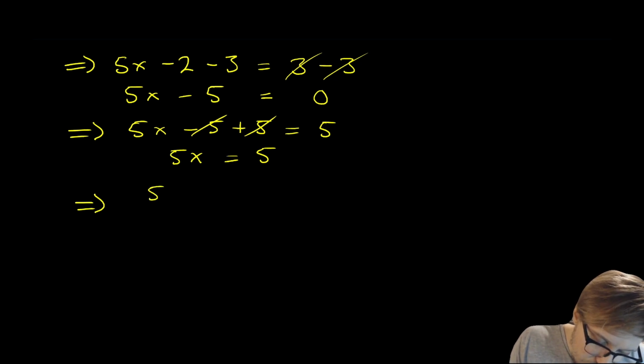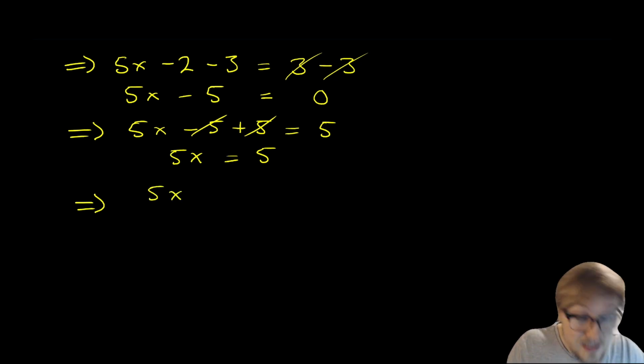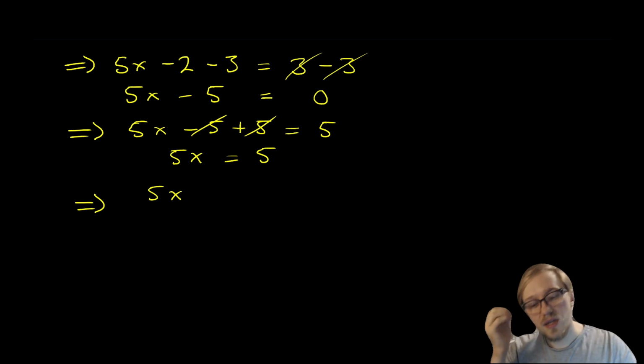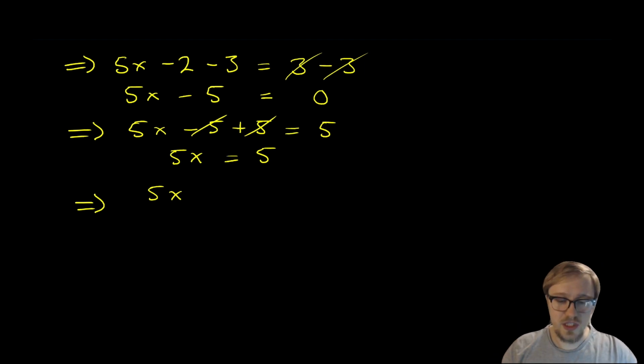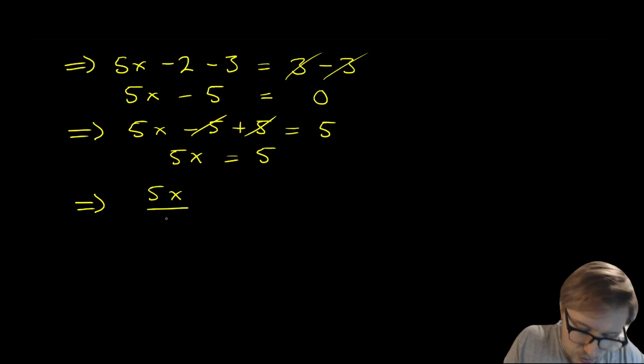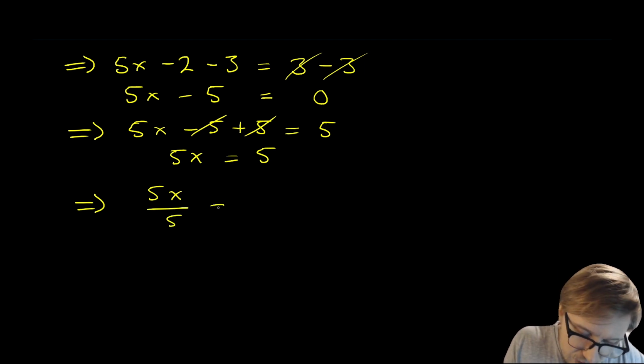This is also something you can do. You can always divide both sides of the equation by some amount, or multiply both sides of the equation, and then the equation will still hold true. So if we divide both sides of the equation by 5, the equation will still be true.